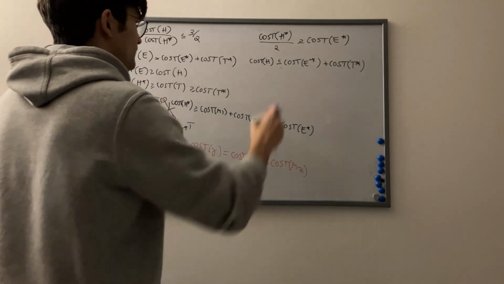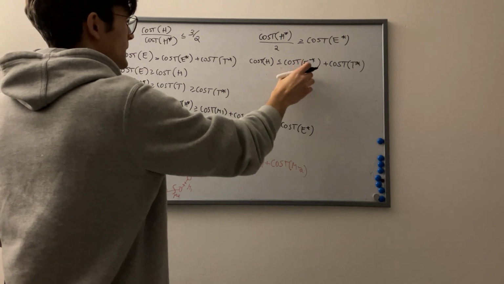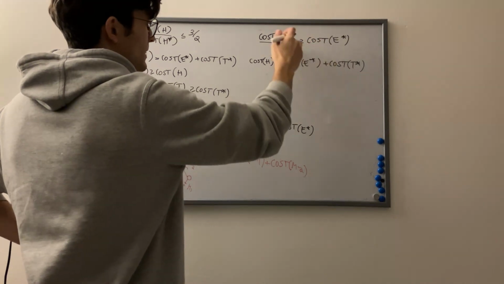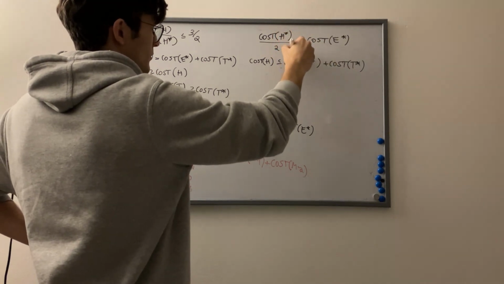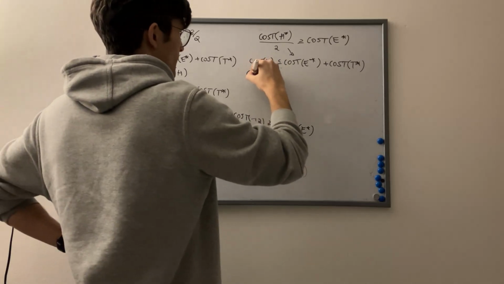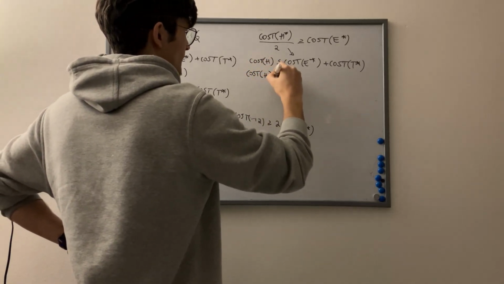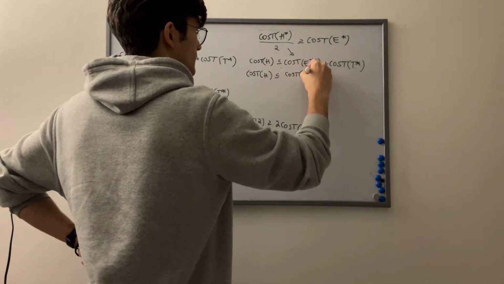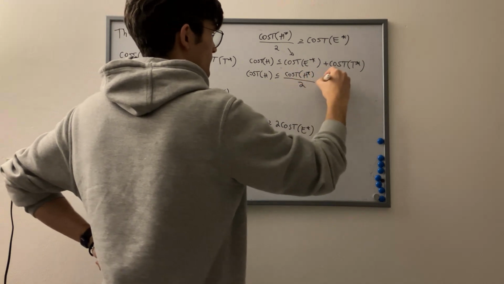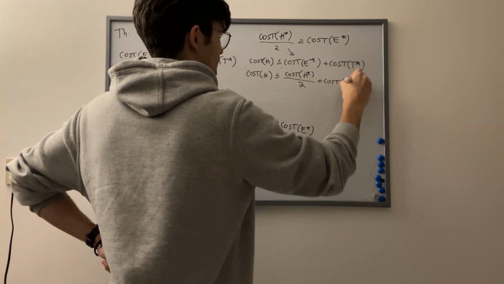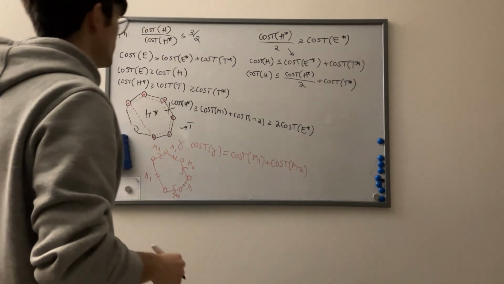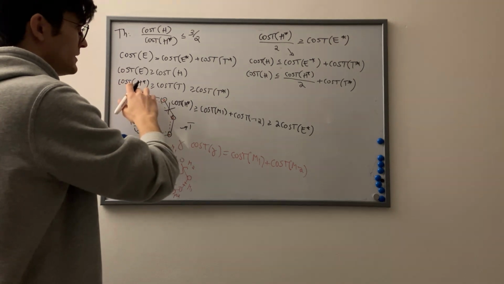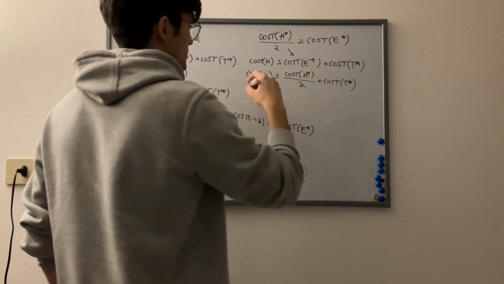And then this is for sure bigger than this, so we can substitute this here without changing the sign. And for the cost of T star, we can for sure put something that is bigger than the cost of T star and still keep the sign unchanged.